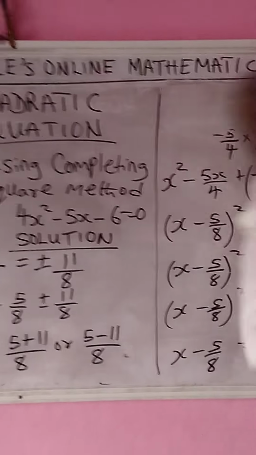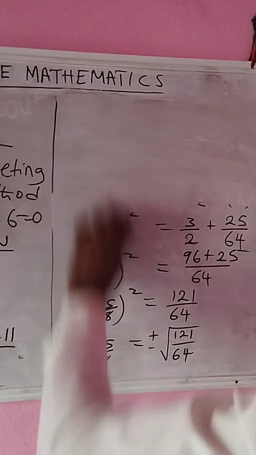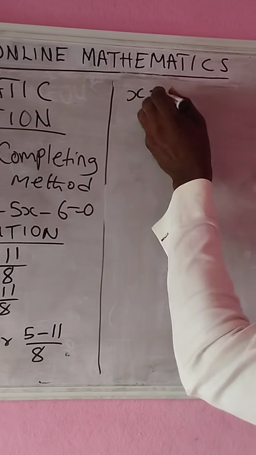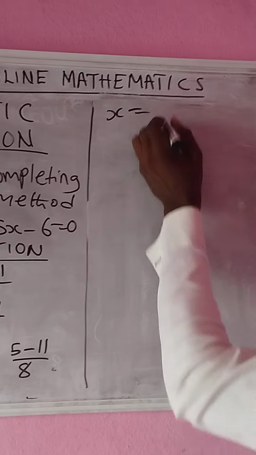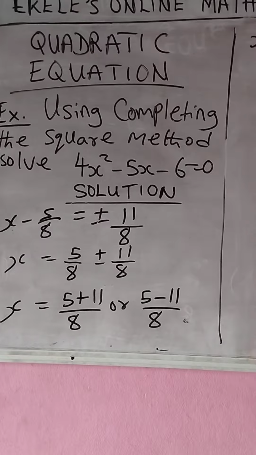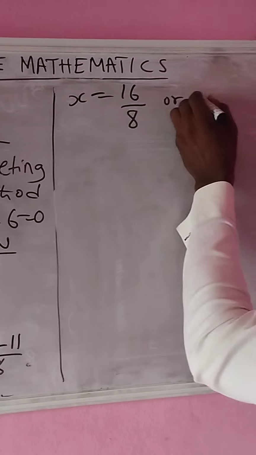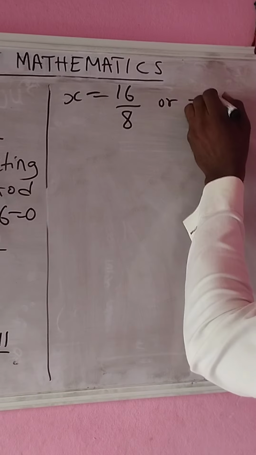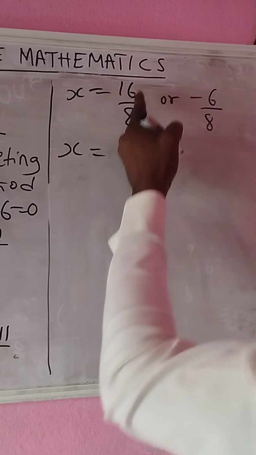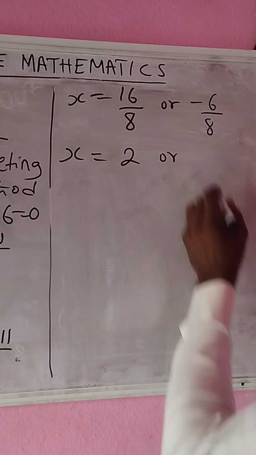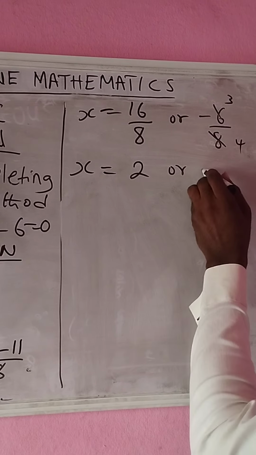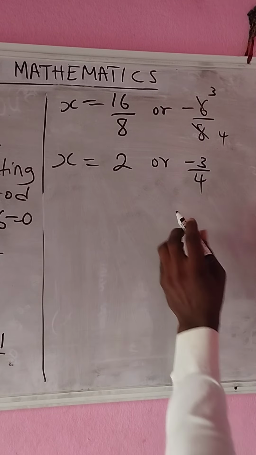So let's continue from this point. x becomes 5 plus 11 is 16 over 8, or 5 minus 11 is minus 6 over 8. x equal to 16 over 8 is 2, or let's reduce this. 2 here is 3, 3 here is 4, minus 3 over 4.